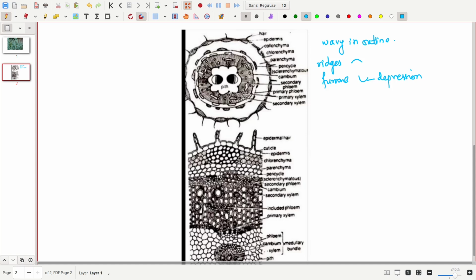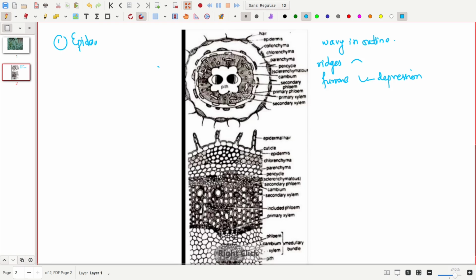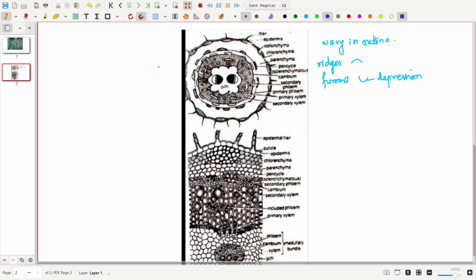First, obviously, we will look at the epidermis. Here we can see the epidermis.